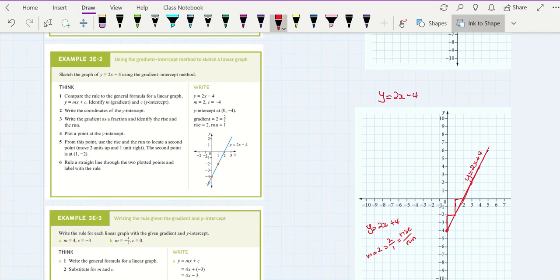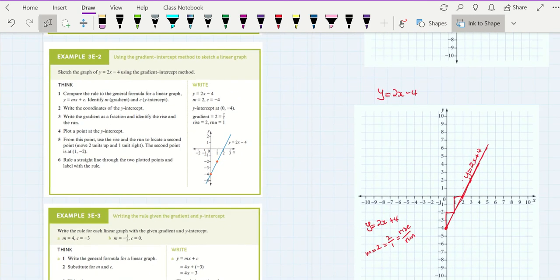Is that all the question asked for? We can also look at the intercepts, can't we? This point here is our y-intercept, and this point here is our x-intercept. So our y-intercept is (0, -4). Our x-intercept is (2, 0).